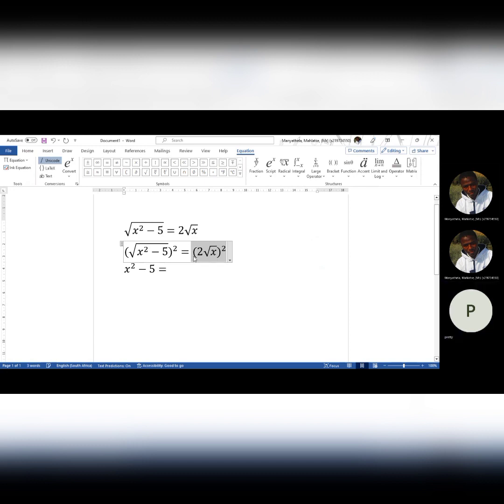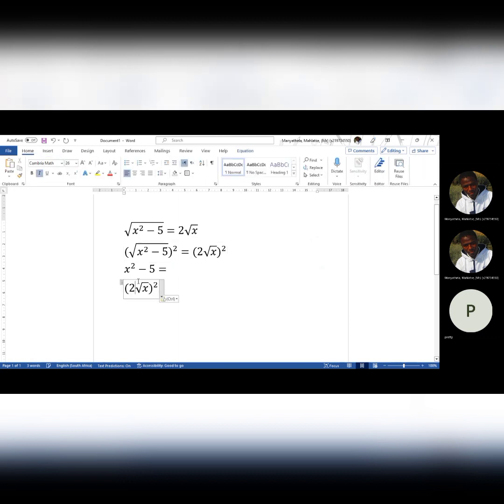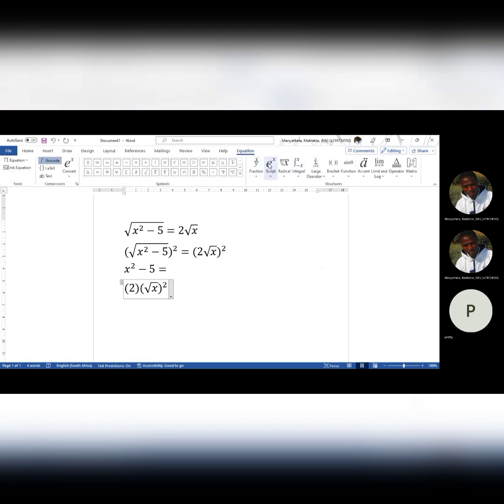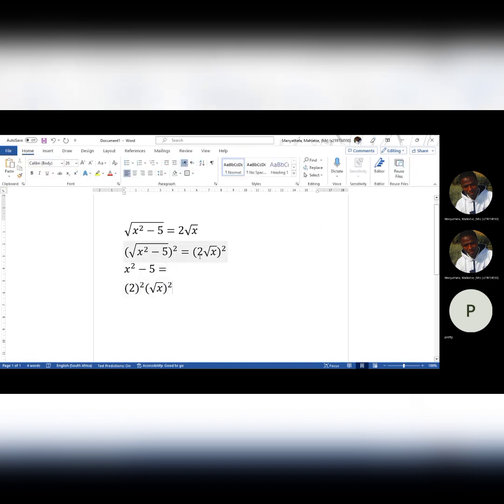We write it the same as when we write it under this thing. It is the same as when we square 2 and also square the square root of x. Okay. So 2 squared gives how much? It is 4. So we have 4 and then the square root of x squared. Squared and square root cancel, so we remain with what is inside the square root, which is x.